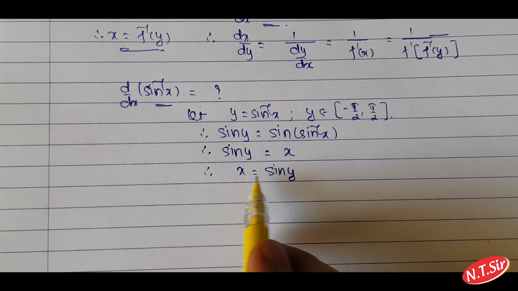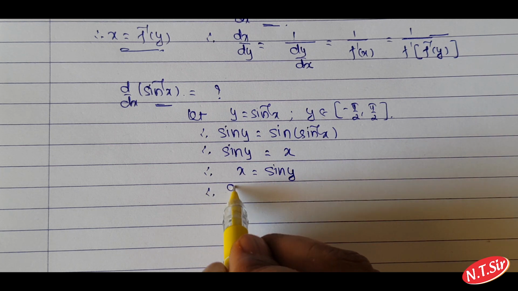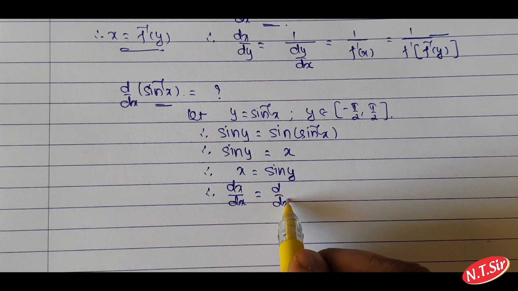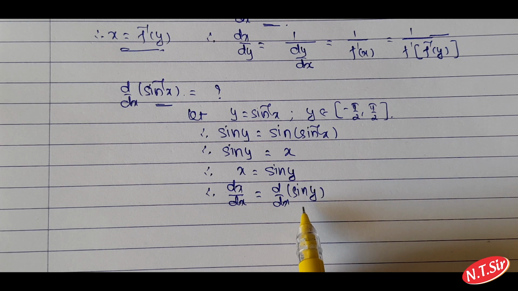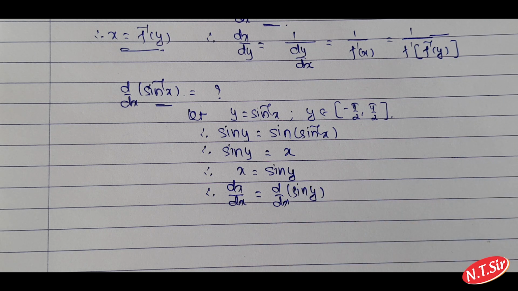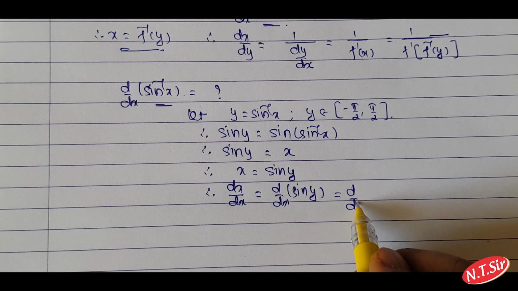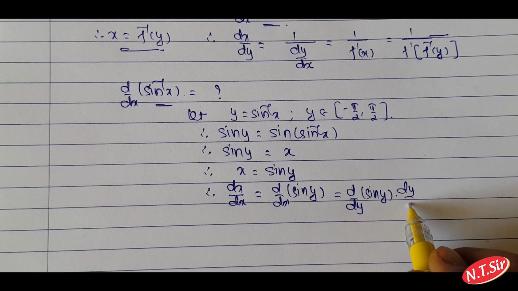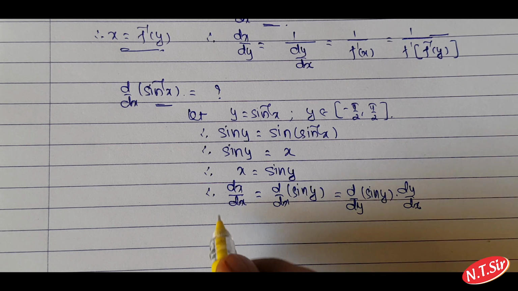Now differentiating both sides with respect to x, we get dx by dx equals d by dx of sine y. This is a function of y that we want to differentiate with respect to x, so we apply the chain rule: d by dy of sine y into dy by dx.